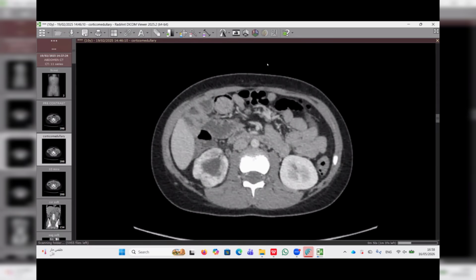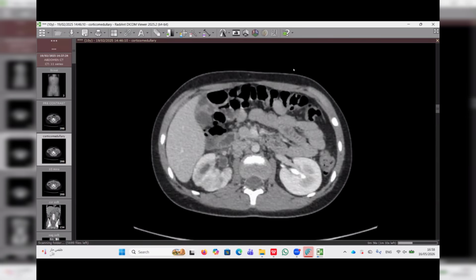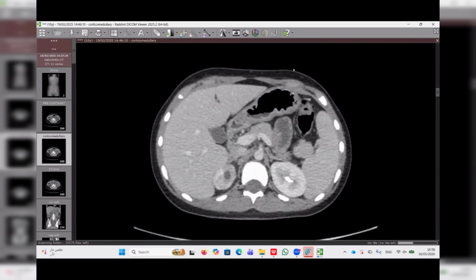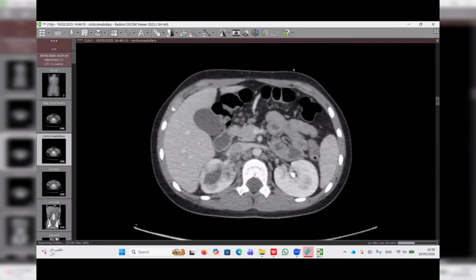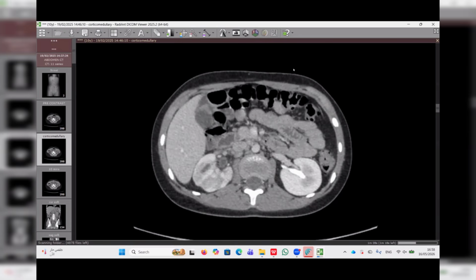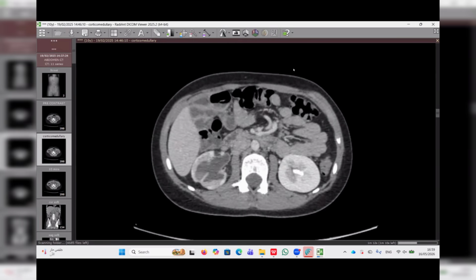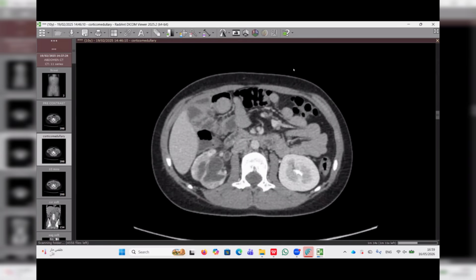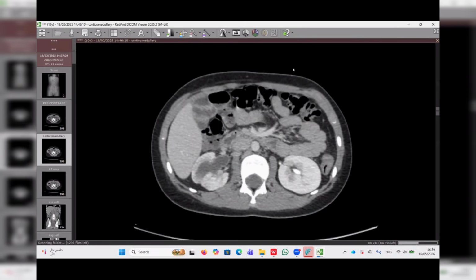So I'm presented with CT scan axial sections, post-contrast images. As I'm scrolling through the images, I can see hydronephrosis in the right kidney. There is also dilatation of the right ureter. There is also mucosal hyperenhancement of the dilated ureter, and also of some of the hypodensities in the kidney.